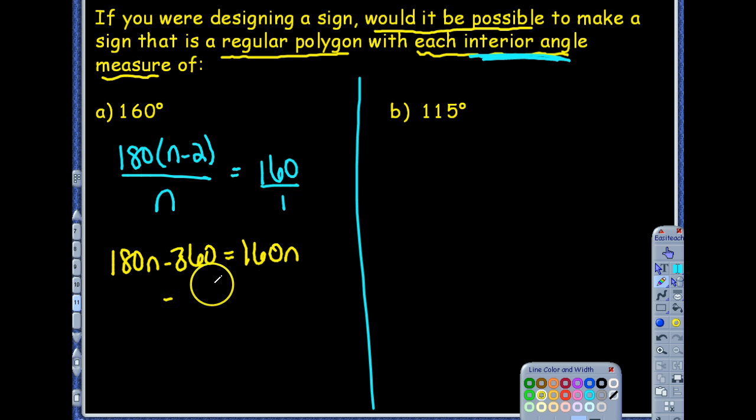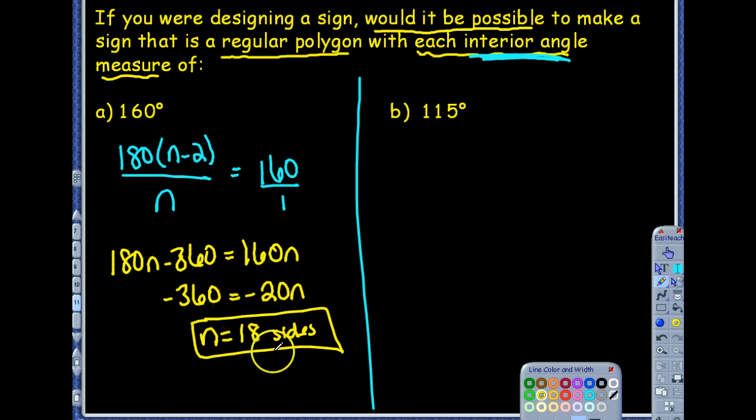So if I subtract, I get negative 360 equals negative 20n, and n is going to be 18. So 18 sides, that would work. We could have a polygon. So the question though is, would it be possible? Is that my answer? That's not my answer. So I would say yes.